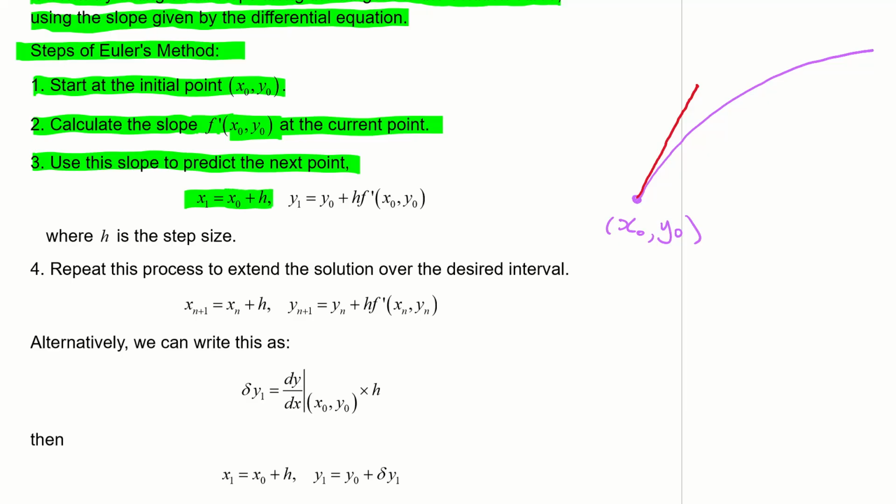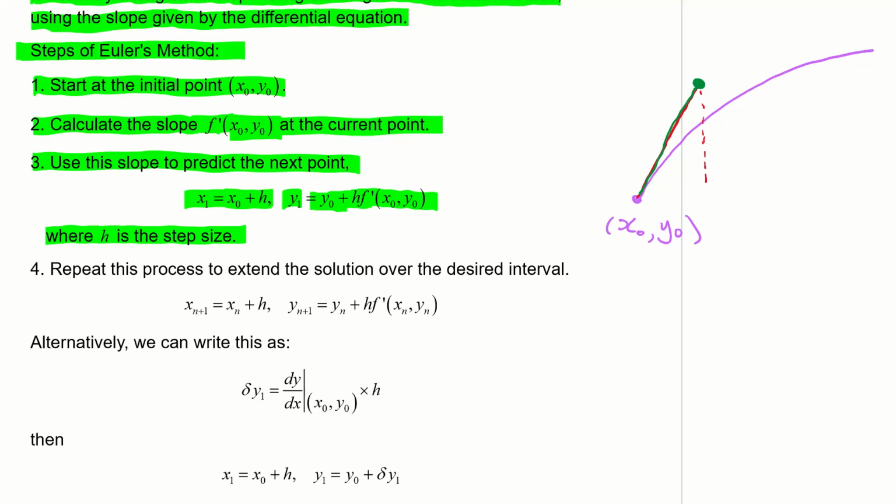x1 is x0 plus h, and y1 is y0 plus h times f of x0, y0, where h is the step size. So in other words, we're going to go along the tangent like so to our next point.